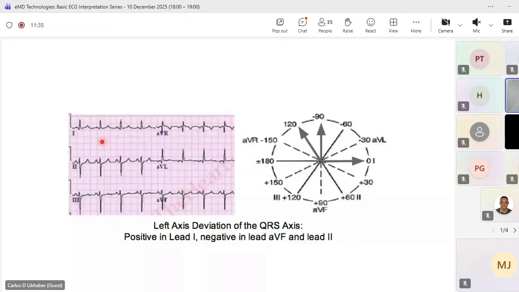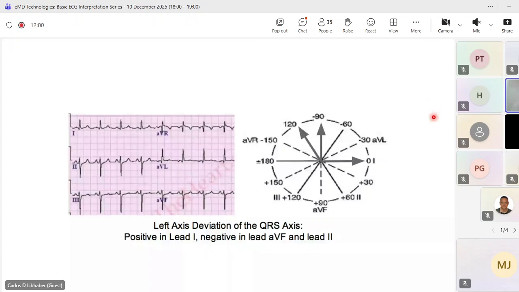Here, where is the highest? Not in lead 1, not in 2, not in 3, definitely not in R. Yes, in AVL. AVL is here. So I am on the first floor of the building and it's coming towards me.